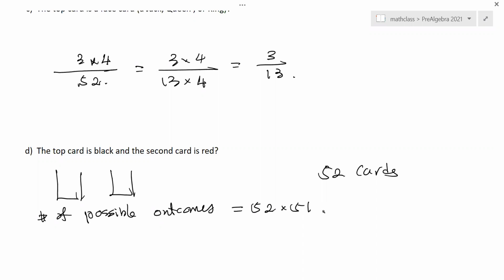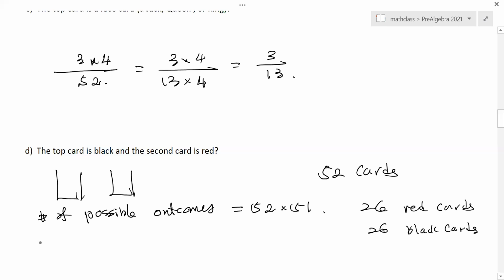Now, in order to get the first one black and the second one red, how many red cards are there? 26 red cards, and 26 black cards.